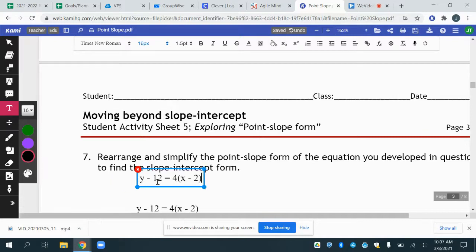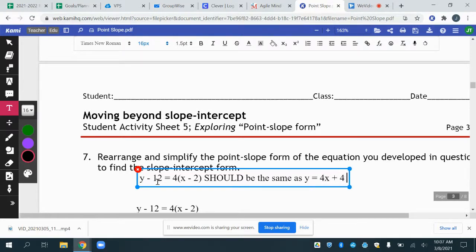We understand that there's this guy. That guy should also be the same as y equals 4x plus 4.